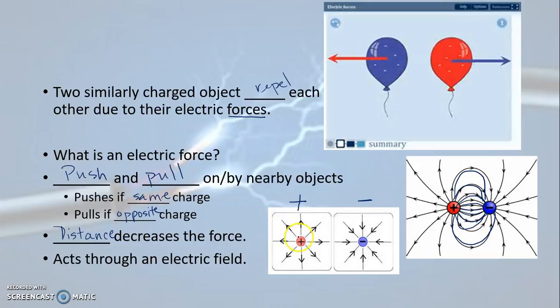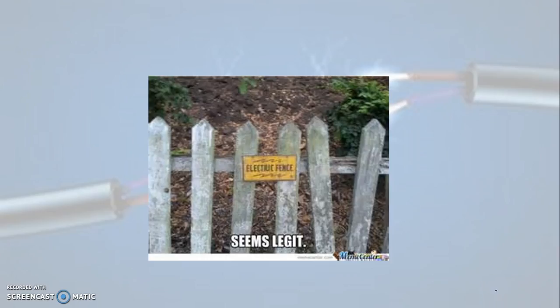Okay, so think if we took 2 positives and put them next to each other, they would have pushing and pushing, pushing and pushing, and they would not be able to get near each other. Same thing with the negatives. So you've got this push and this pull. Remember, the field always goes from positive to negative. Always goes from positive to negative. Might be important. You might want to write that down. Always.